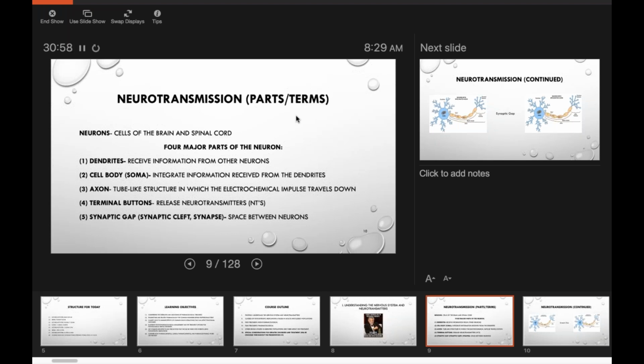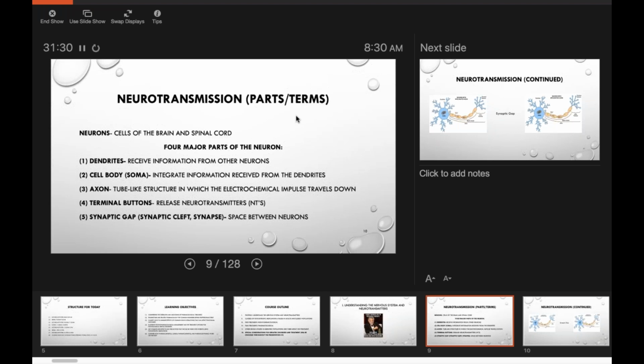Each of us has different business cards, right? Because we're different people. So we all have our own different email. We have our own different phone number. So the business cards are stored in our terminal buttons. And I'll show you a picture of this shortly, which are our pockets. So at the end of the neuron are your terminal buttons, where these neurotransmitters, or the business card, are stored.